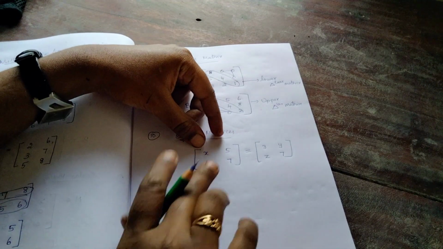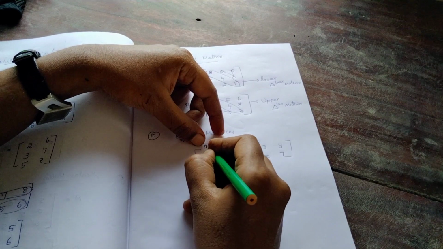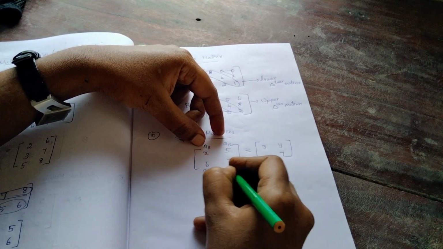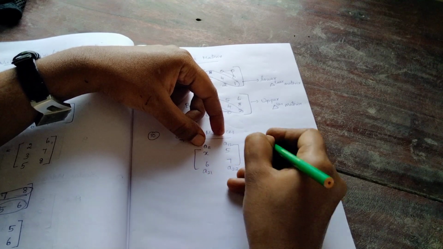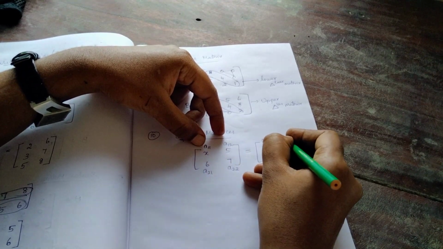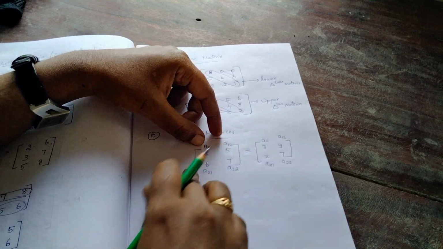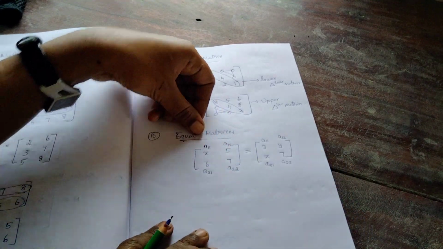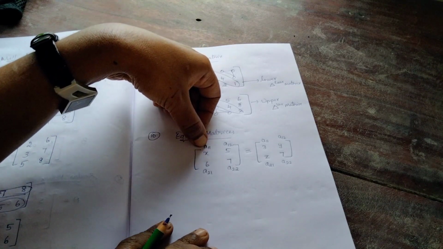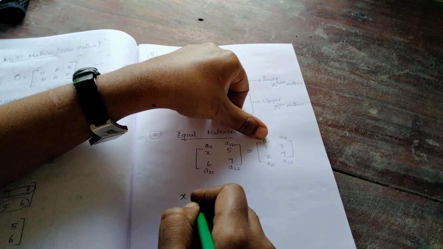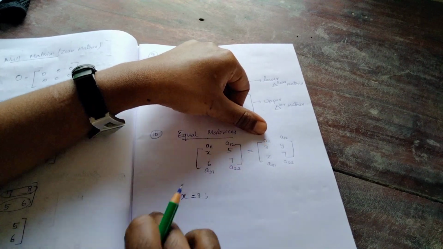So check the first entry. What is the first entry? A11. This is A12, this is A21, this is A22. Here also A11, A12, A21, A22. Each entry should be equal. The first entry here is x and there it is 3, so x equals 3. Automatically we get the value.